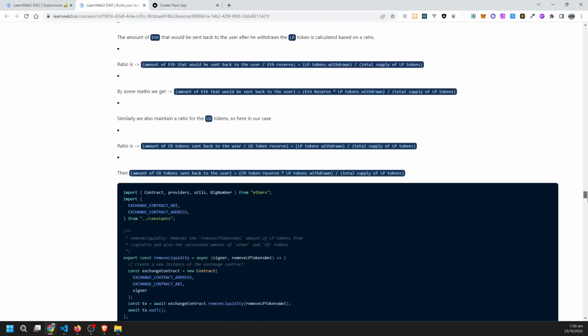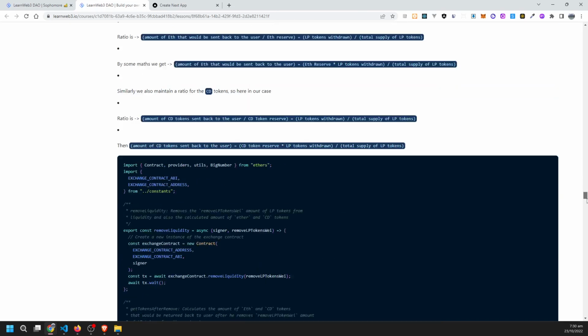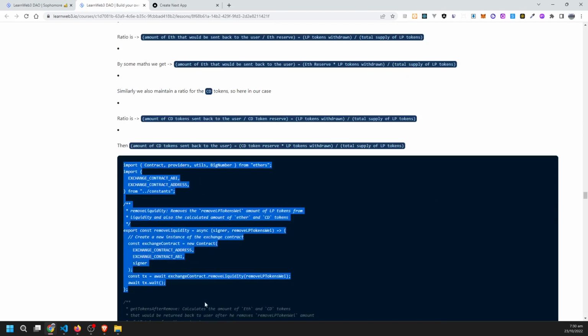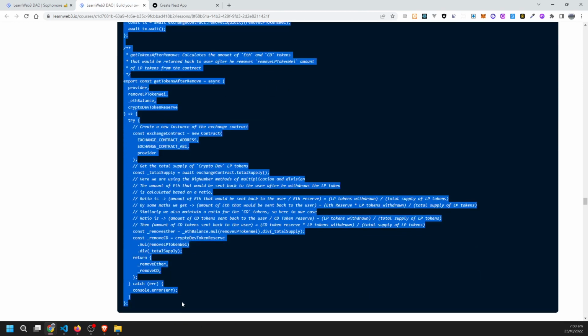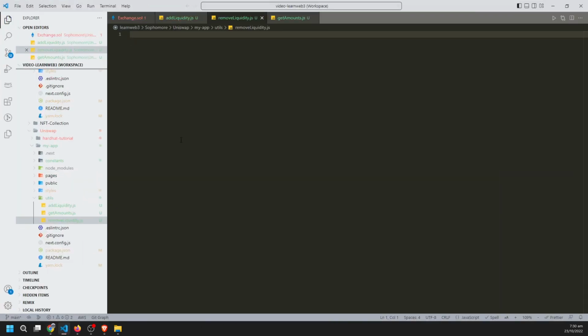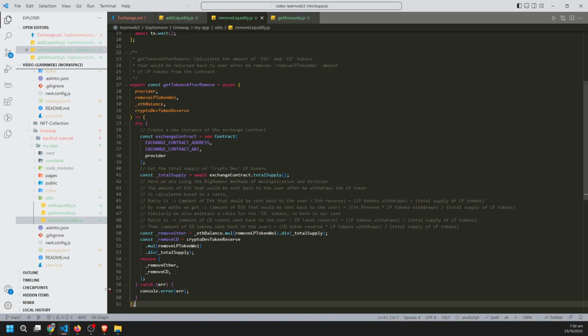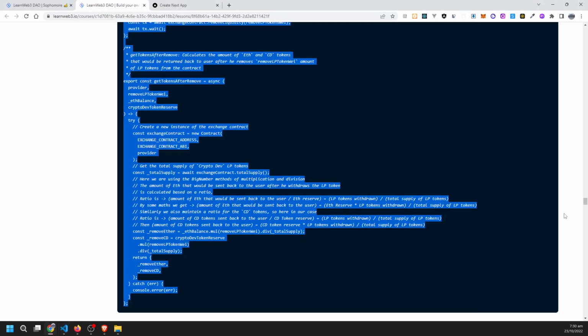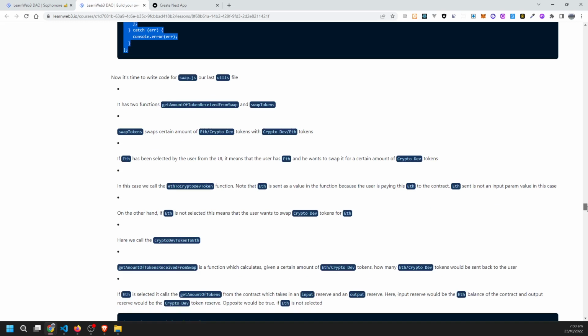Now let's copy this code and paste it here. Now let's move on to the next file, which is swap.js.